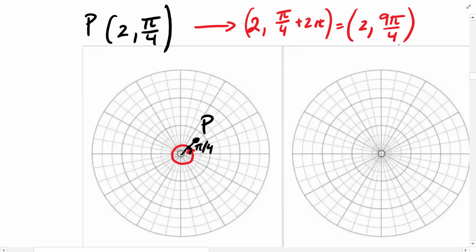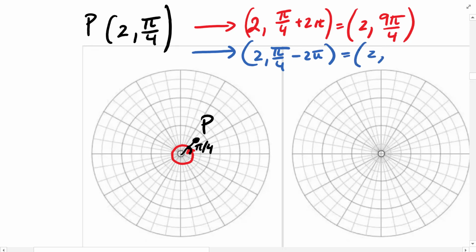That would be another representation. And also 2 and pi over 4 minus 2 pi, which makes it 2 and negative 7 pi over 4, would reach exactly the same point.